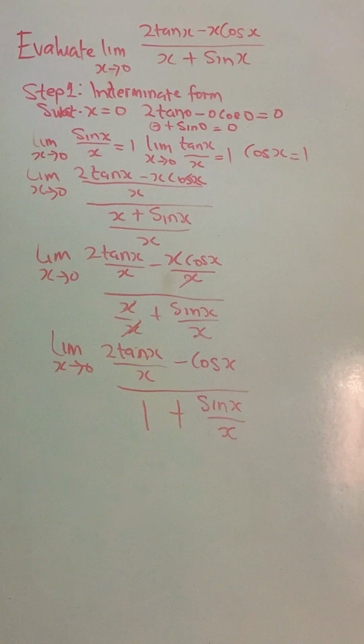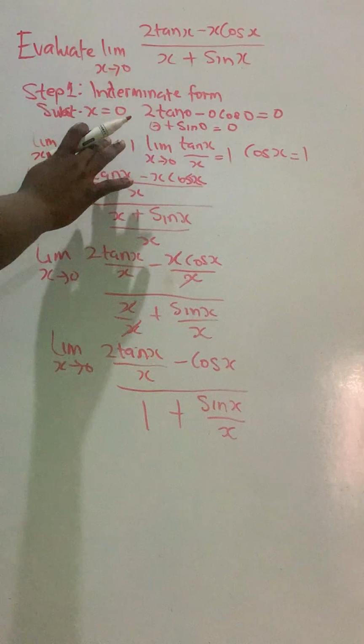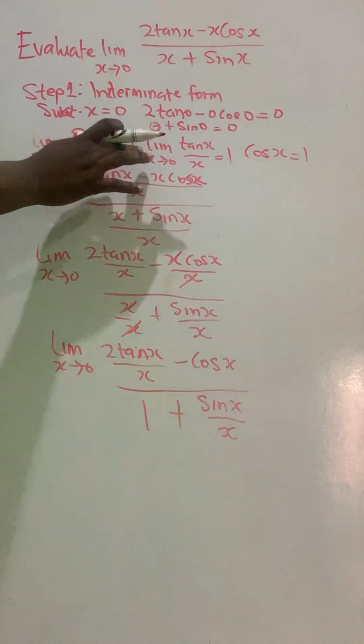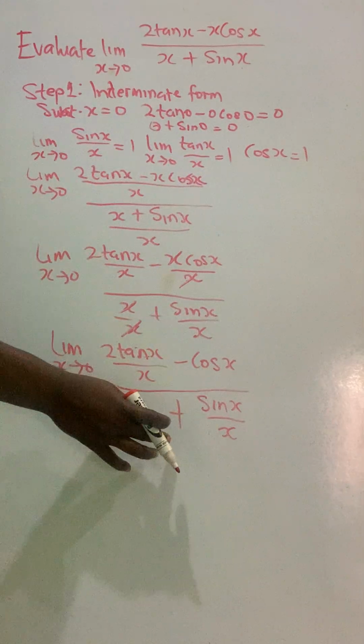Then note that now let's substitute what we have here. That's sine x divided by x equals 1, then tan x divided by x equals 1, and cos x equals 1. So now let's substitute it into the expression we now have here.